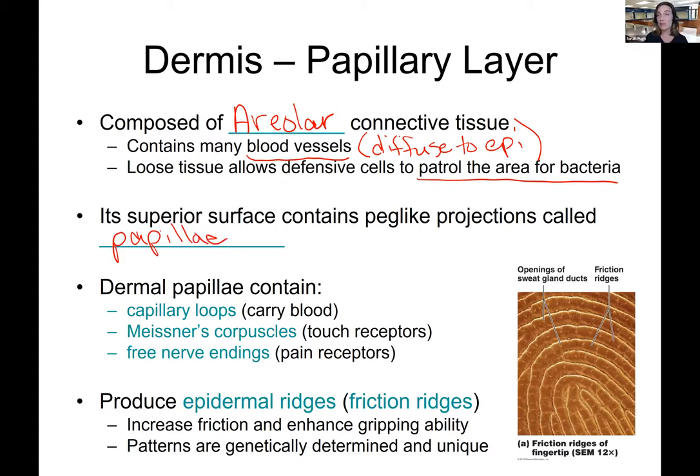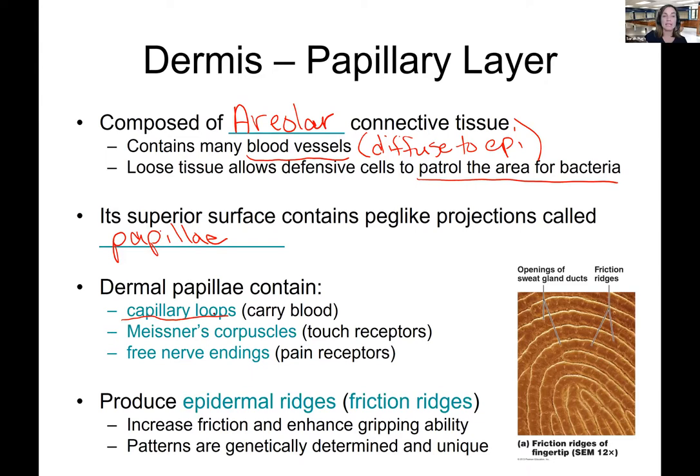So this is why we call it the papillary layer, because it's where all these papillae, these invaginations are. And within all these little papillae, within these little grooves, we're going to find a lot of capillaries. So capillary loops, bringing that blood to the area, allowing it to diffuse to the epidermis.